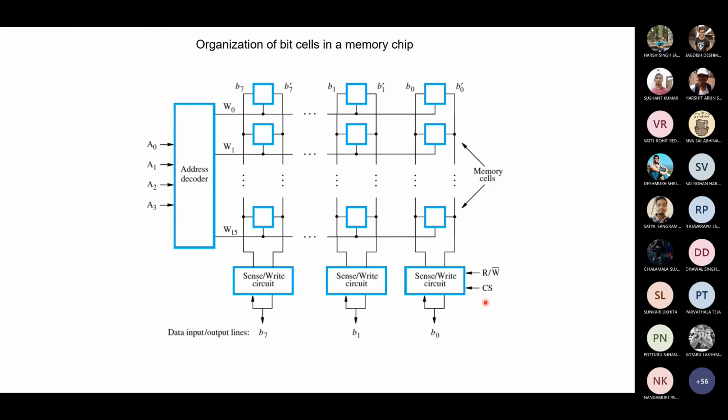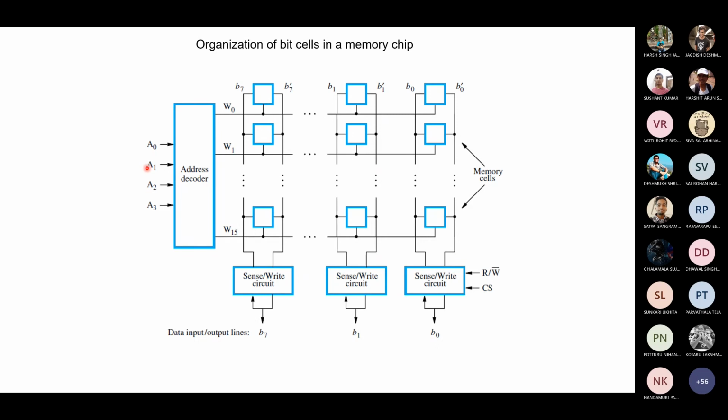With respect to designing many such 16x8 components, you basically require a chip select part. I'll come to chip select slightly later. Now, you only concentrate on read and write, data lines and address lines. So how can I write the block diagram for this?